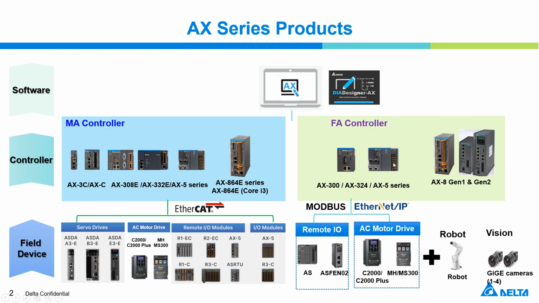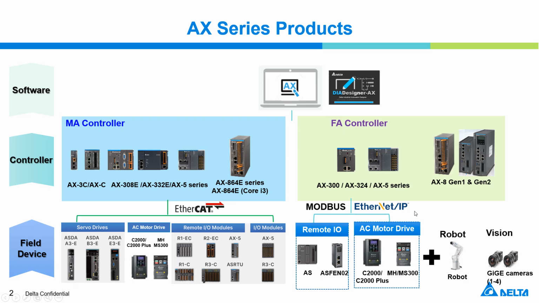Even though our AX series is defined for motion control, some modules are actually just logic controllers. It means they don't support ECAM or synchronized functions, so they cannot control synchronous axes. Normally they just control slaves by Modbus or EIP.